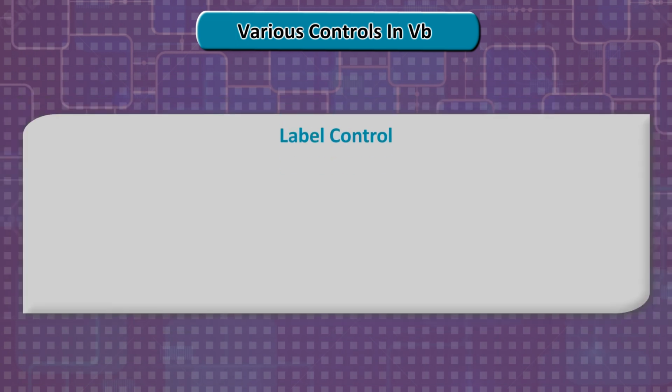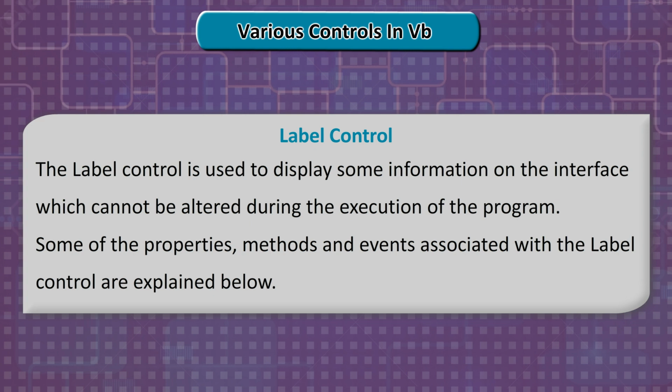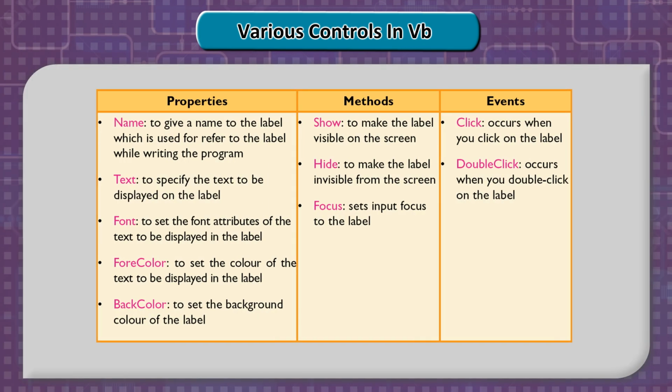Label control. The label control is used to display some information on the interface which cannot be altered during the execution of the program. Some of the properties, methods and events associated with the label control are explained below. Properties. Methods. Events.